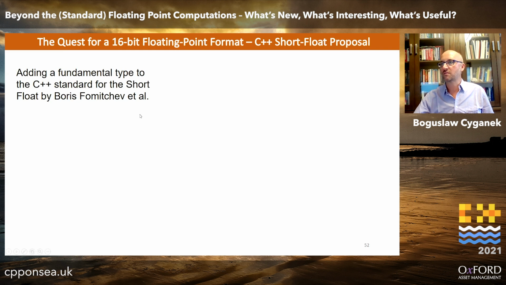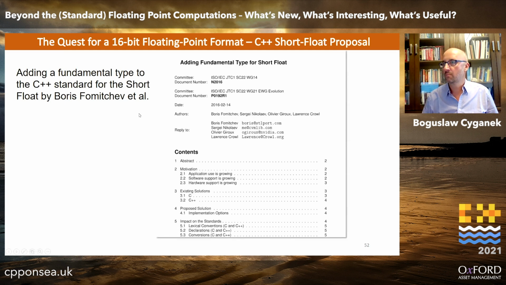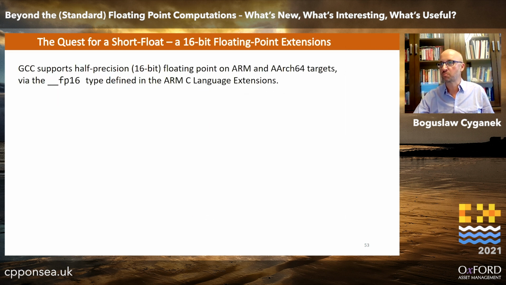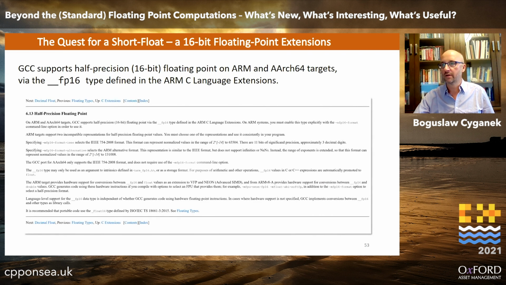So adding a fundamental type named short float to the C++ standard was proposed by Boris Fomitchev and a group of collaborators. But the question is, will it be accepted? I don't know. So you can find out more by reading this note. Also, GCC supports half precision for certain platforms like ARM.